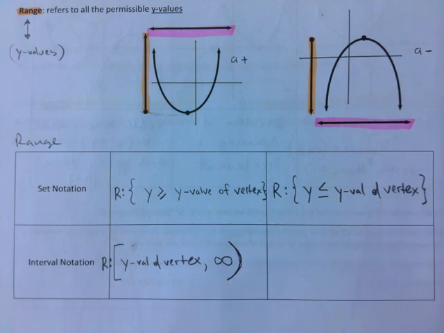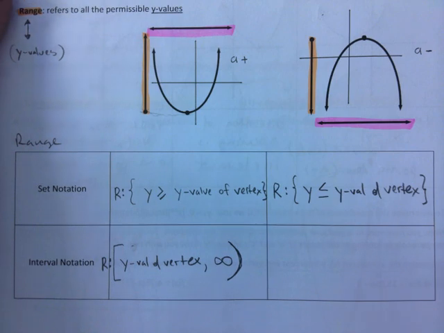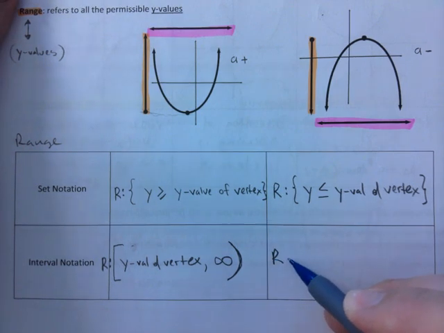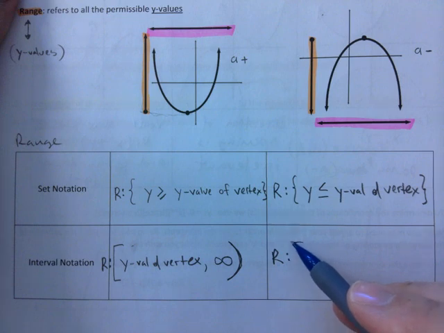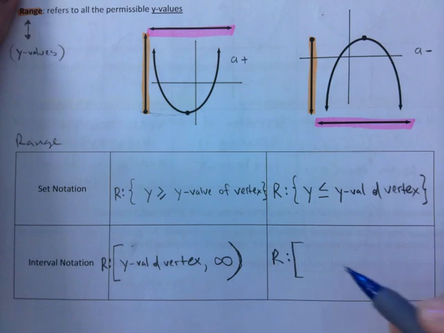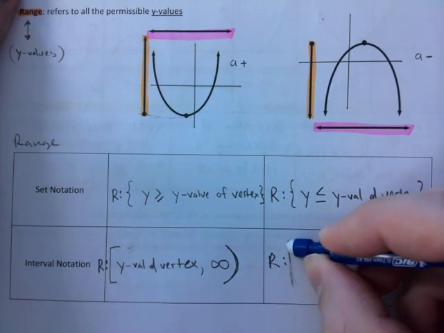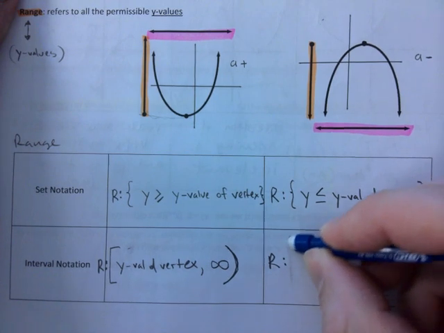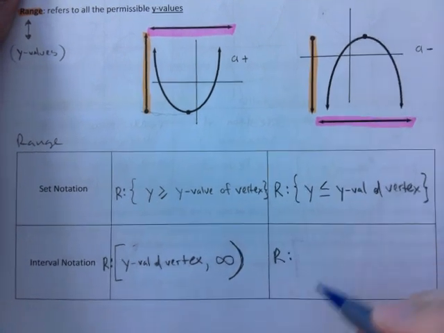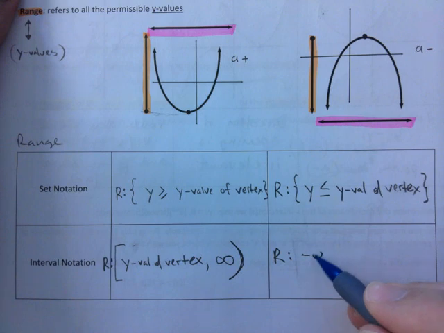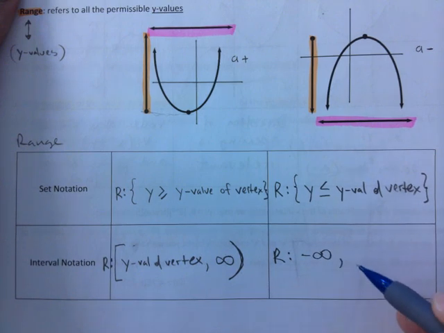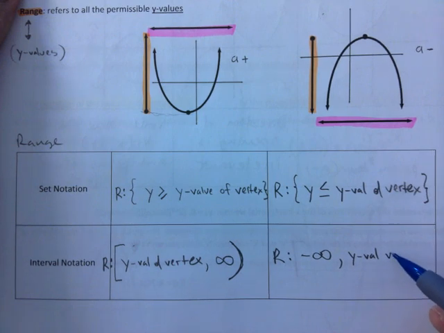And this is practice and maybe adding this to your study sheet. And interval notation, you actually go, oh sorry, I started it wrong, guys. It's always smallest first, largest second, always when you do interval. So this is negative infinity all the way to the y value of vertex.